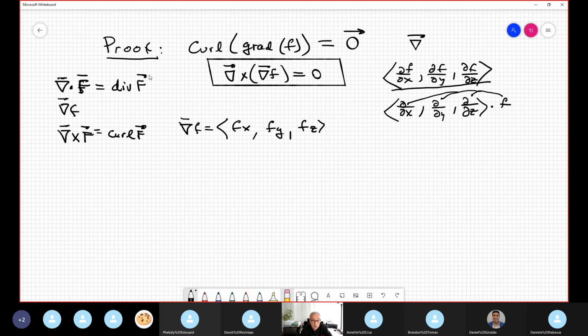Okay? A curl in 3D, you know, is done using the determinant, i j k. And you put a symbolic del here. Now here you put f of x, f of y, and f of z. It was the answer for the first operator, that was the gradient. Okay, let's do it.